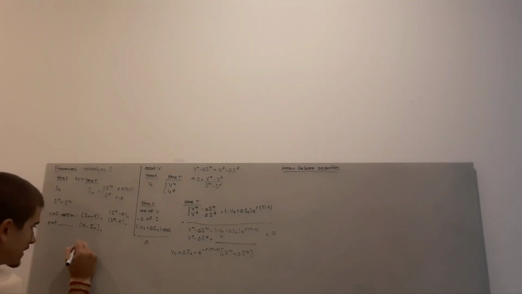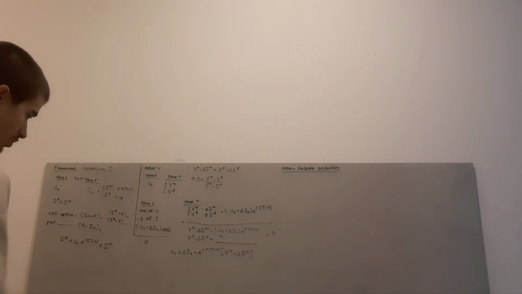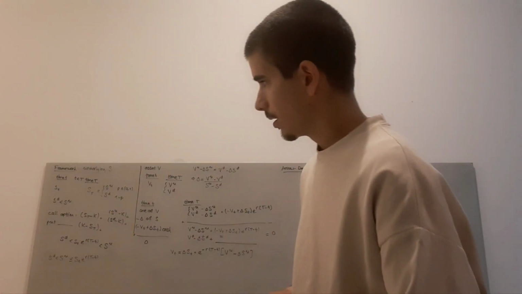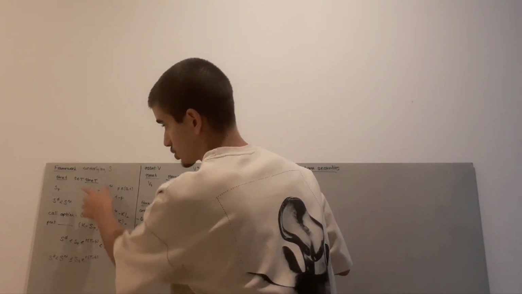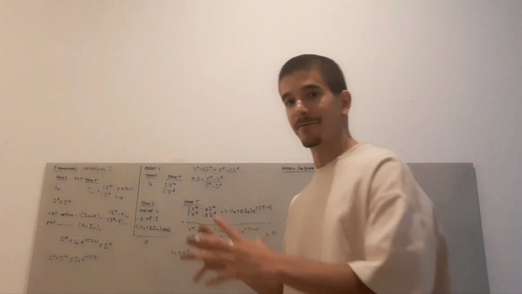I want to claim that St e to the R(T minus t) is strictly between SU and SD by the principle of no arbitrage. If this weren't true, say this inequality was false, then we would have that SD is more than or equal to SU, is more than or equal to St e to the R(T minus t). And the problem with having this is that what we could do at the present time is short sell one of the underlying assets, obtain St, and invest this in cash.